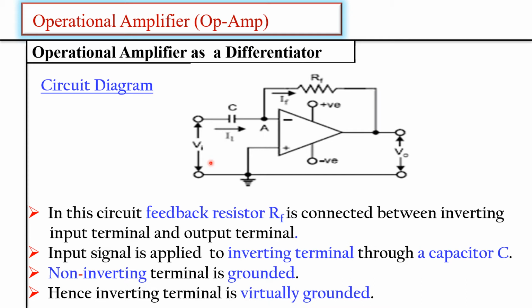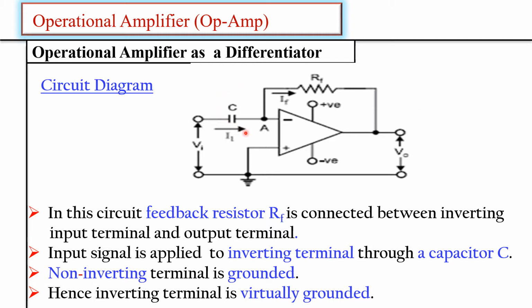In the last lecture of the op-amp we saw how the op-amp is used as an integrator. In that circuit, if we interchange the position of the capacitor and the resistor, the same circuit can be used as a simple differentiator.